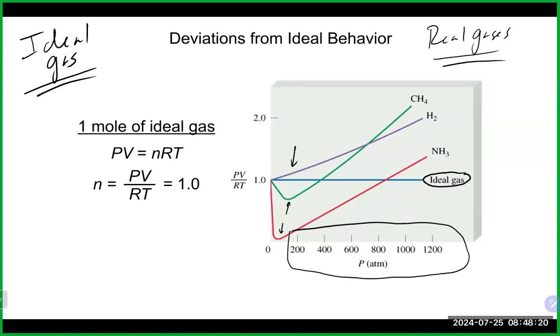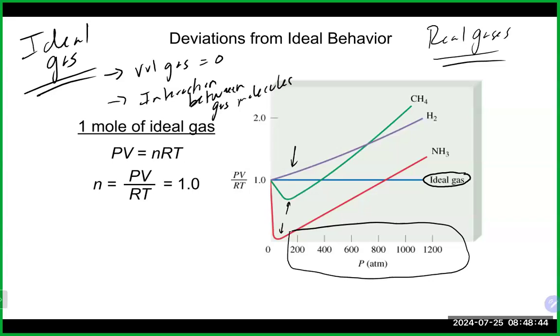And under these conditions, we do have to take into account those two things that we ignore in the ideal gas situation, which are the volume of the gas, which is basically zero or negligible, and the interactions between gas molecules, the attractive forces and the repulsive forces.